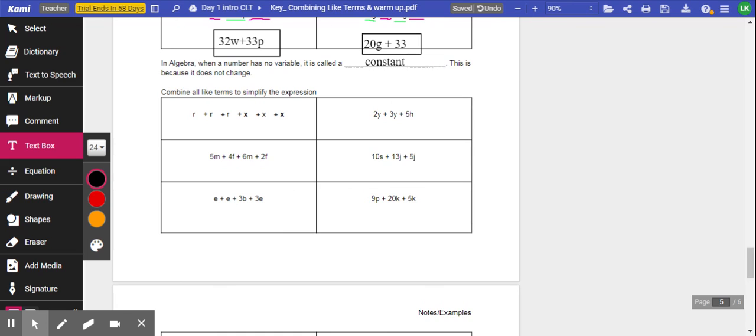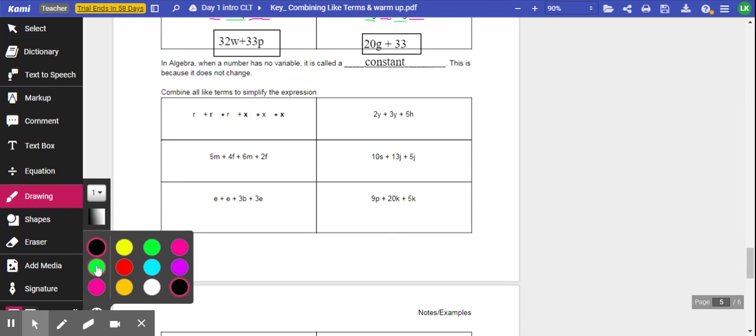So here we're going to combine all like terms to simplify these expressions. So 1, 2, 3, 4, 5, 6. So this first one has 6 terms. Then there's 3 terms, 4 terms, 3 terms, 4 terms, 3 terms. So you're combining the terms that you can. Remember, those are the ones with the same variable to the same power.